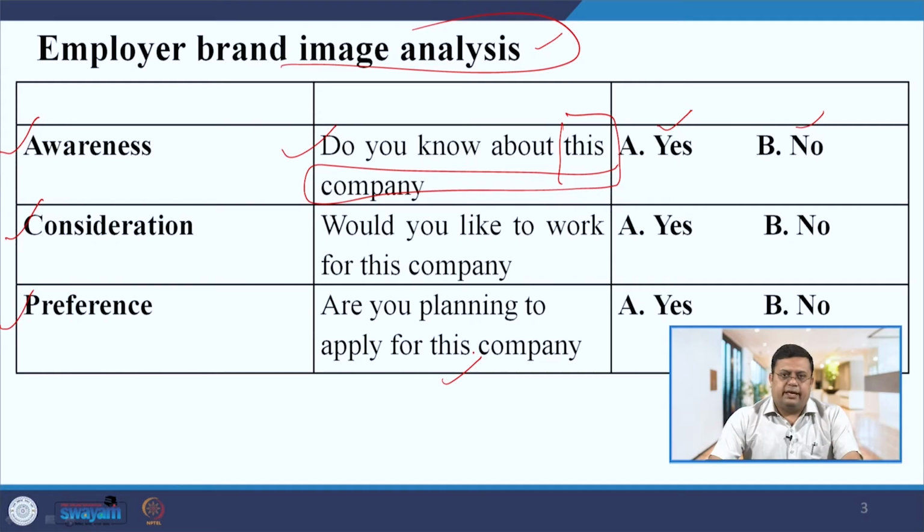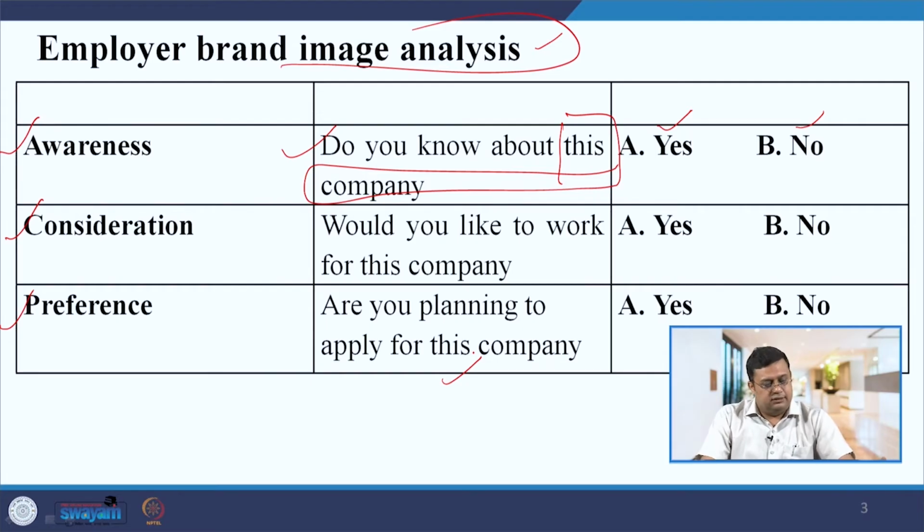In the case of Microsoft and Google, most IT professionals would like to work for these organizations. Although they are already working with reputable organizations, if they get an opportunity with Microsoft or Google, they may be interested. That shows how strong their brand image is.